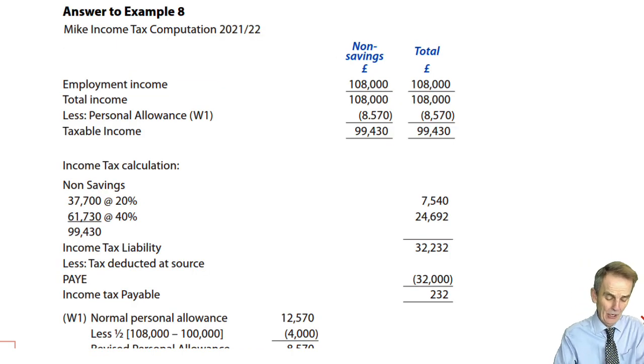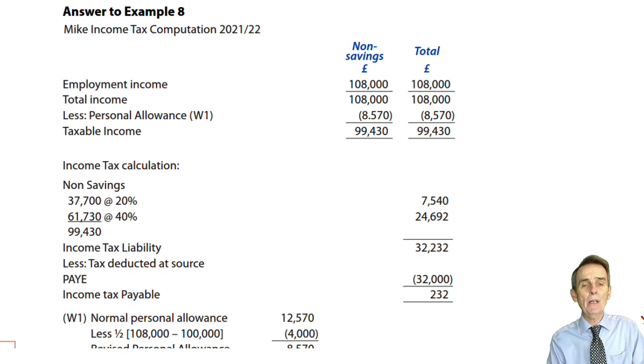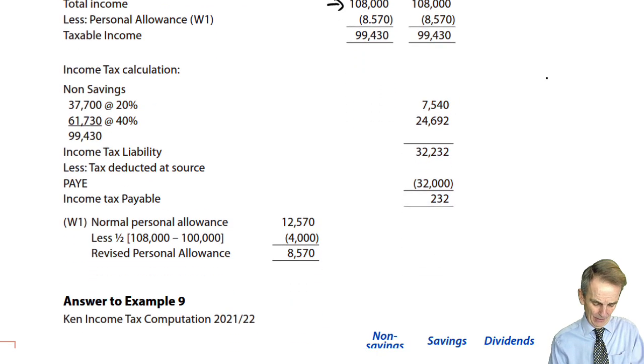Okay, well again, as I hope it always is, when we look at our answers, mere confirmation of the answer that you have got for yourself there. So we know that we just got non-savings income, that is £108,000, of course, there. And then we deduct our personal allowance.